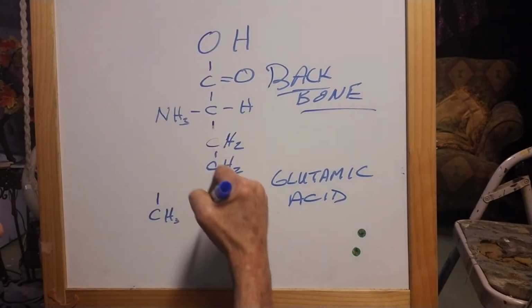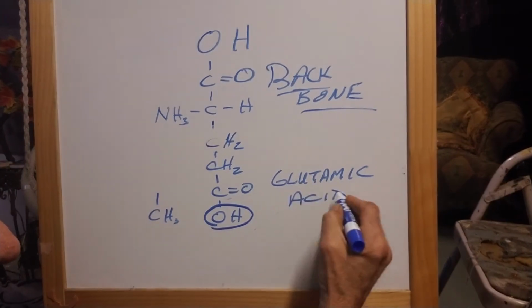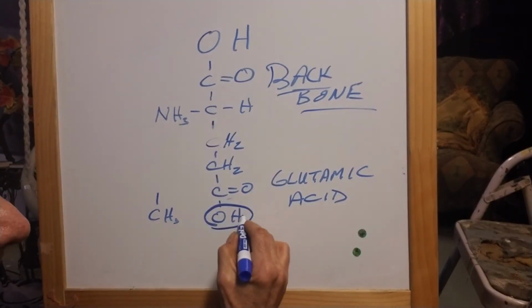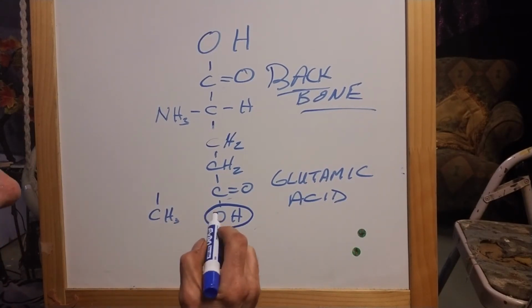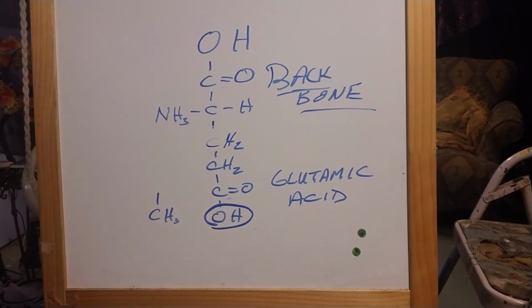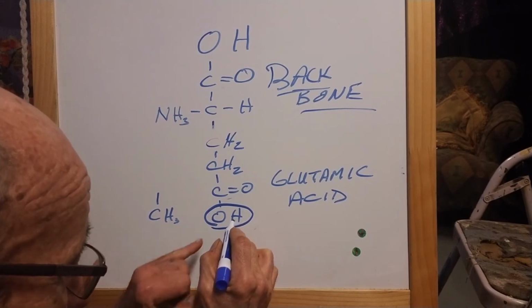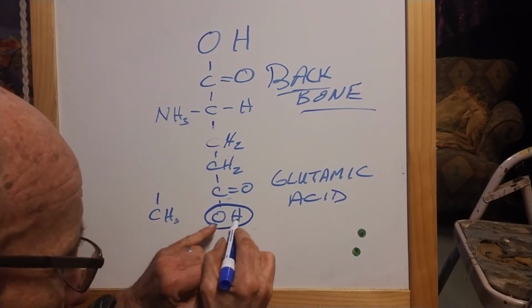Therefore, this substance, in this case glutamic acid, will tend to dissolve more in water than something that ends in CH3, because this is more polar, has more of a charge to it.